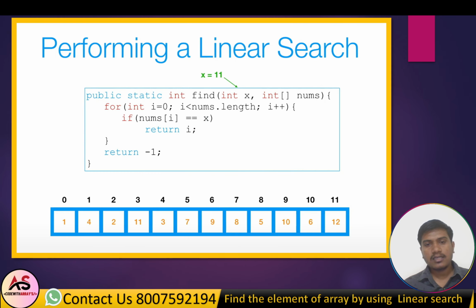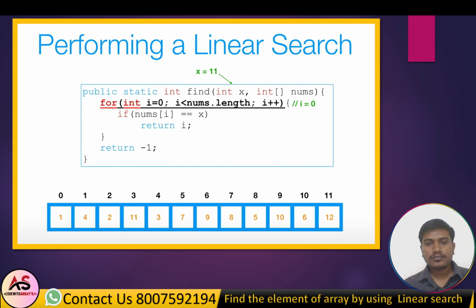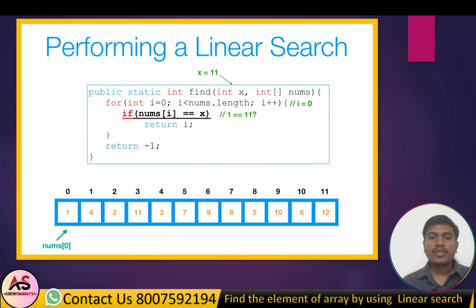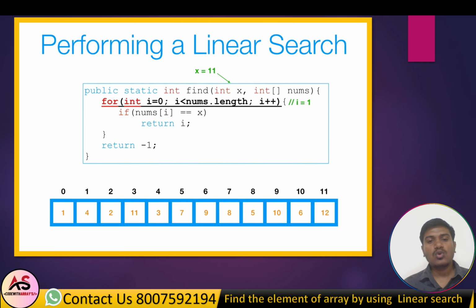Our target is 11, so you can see, in the first iteration our initial value is 0, at the 0th index we check if nums of 0, which is 1, equals 11. No.